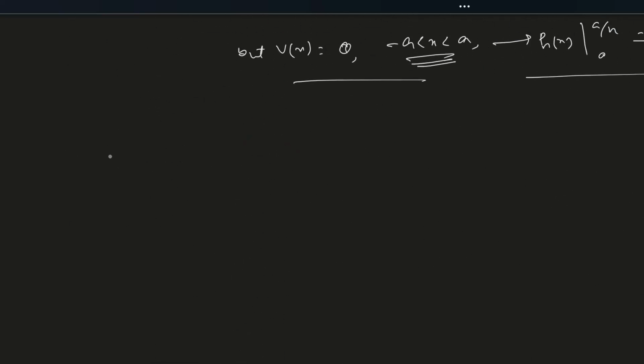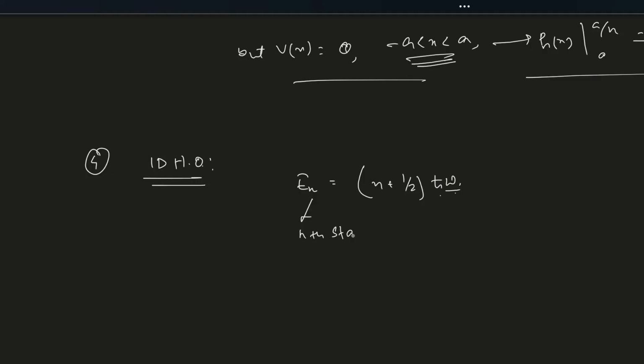So question number 4 is a 1D harmonic oscillator problem, and you know the generic form of the energy levels for this case is En equal to (n plus half) h cut omega, where omega is the angular frequency, h cut is h by 2 pi, and En is the nth state allowed energy. n is the quantum number, which can take discrete values like 0, 1, 2, and so on.